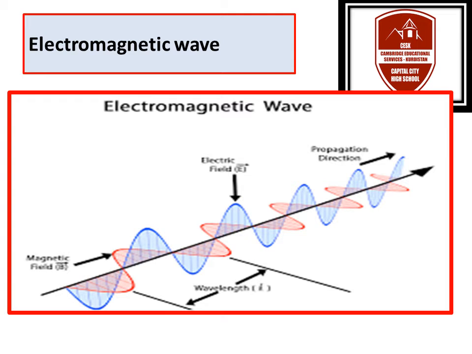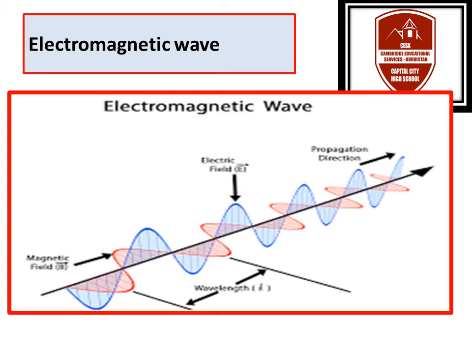Also here, look at the magnetic wave, for example. From peak to peak, this distance is called wavelength. So along one wavelength, a length of time, this time is called the periodic time.